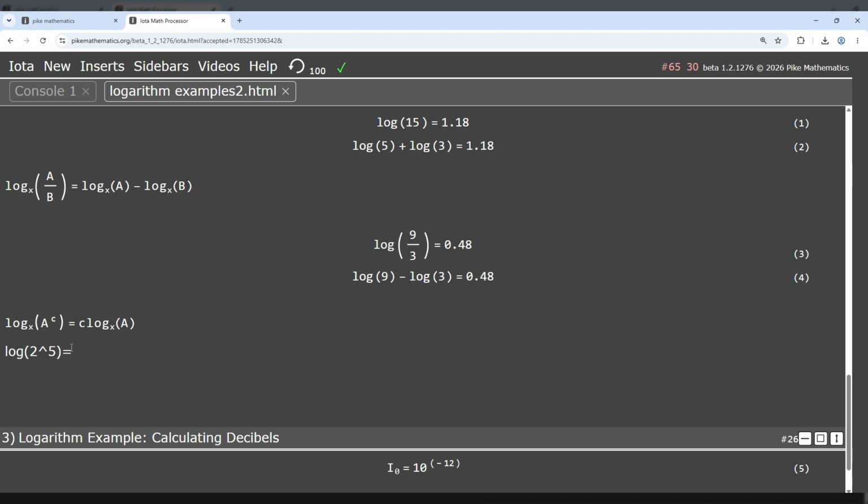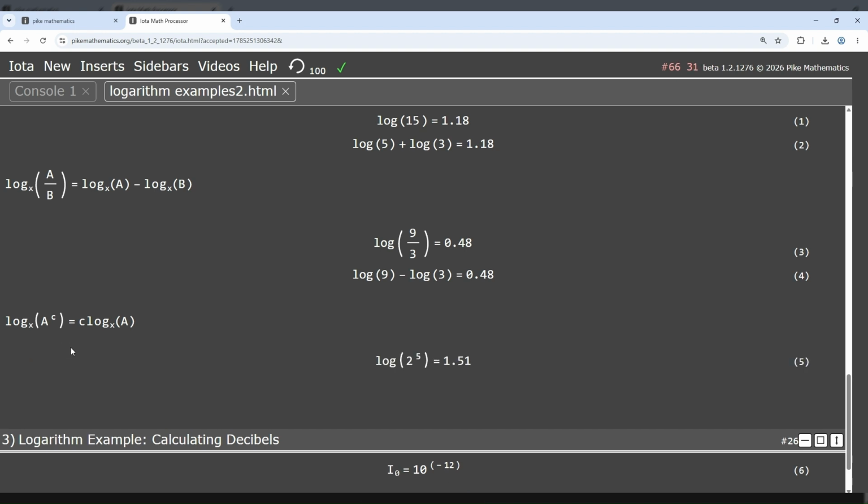What does that equal? 1.51. Okay. If this property is true, then 5 times the log of 2 should equal 1.51. And it does. Again, this last property helps me oftentimes to solve equations.